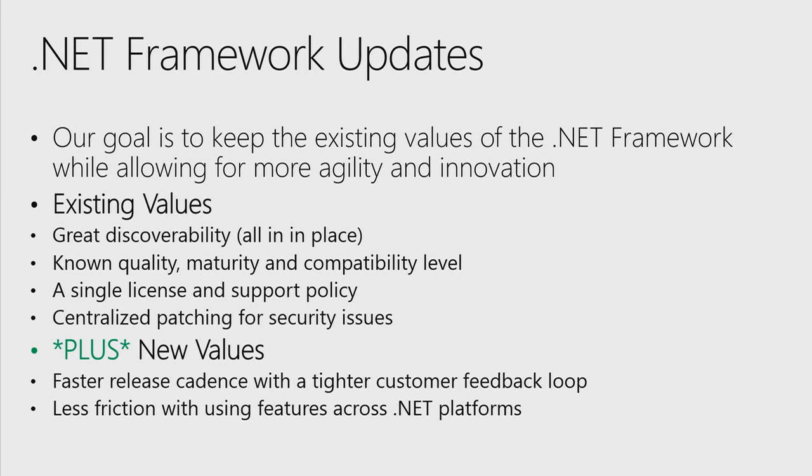There's a well-known quality and compatibility level with .NET as well. A single license and support policy makes it extremely easy to understand what the support lifecycle looks like. And we also have centralized patching for security issues.